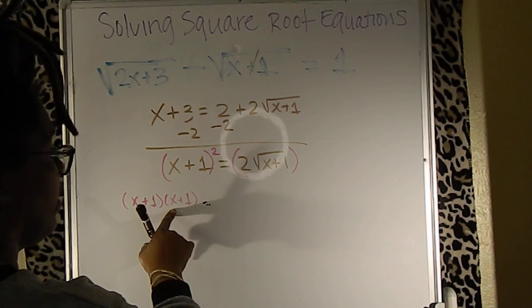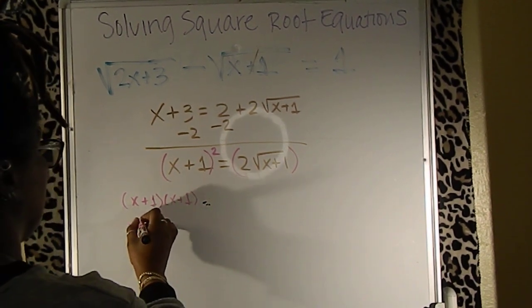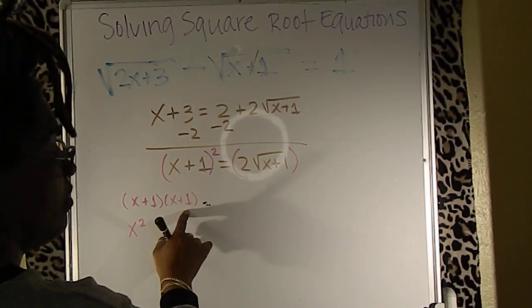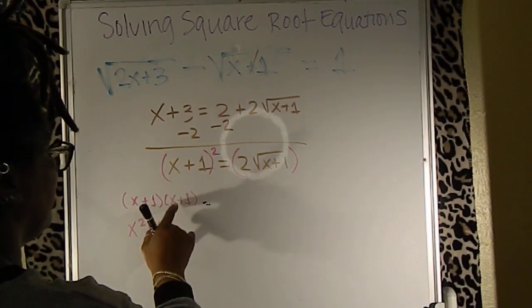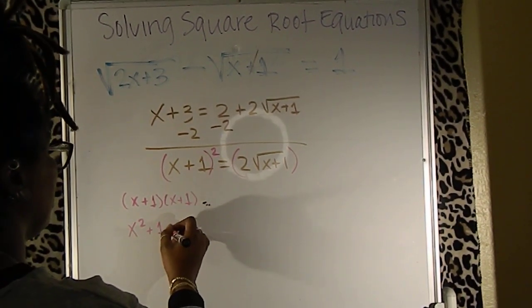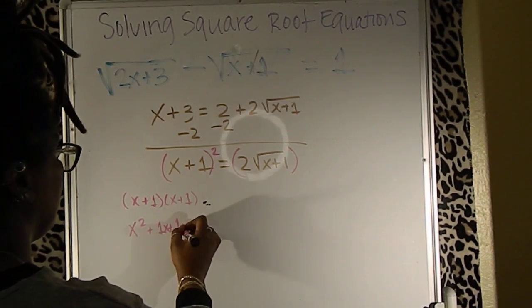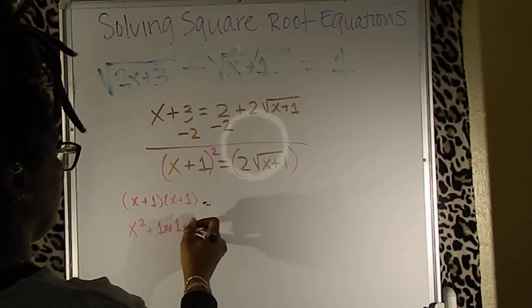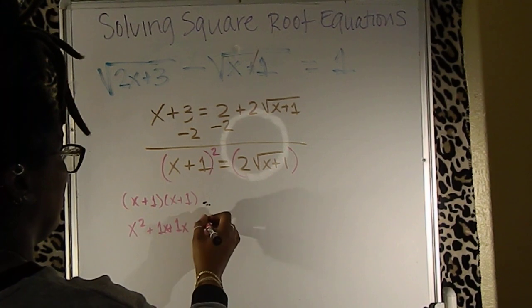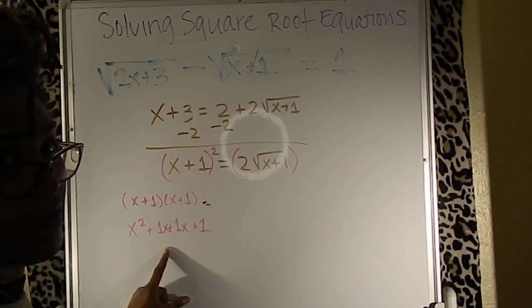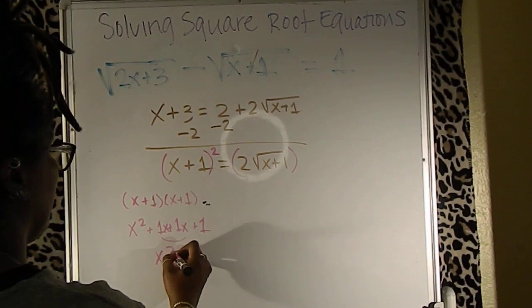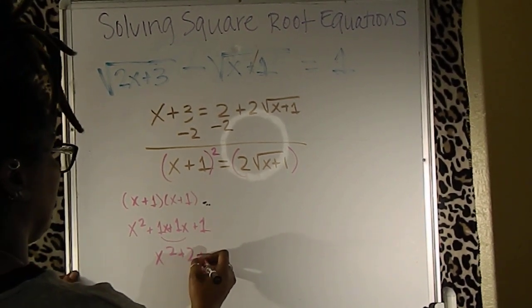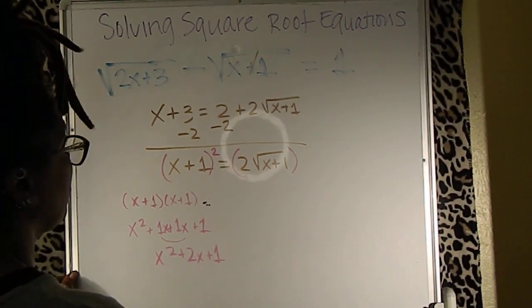What's x times x? What's x times 1? Remember your FOIL. 1 times x. And 1 times 1. And then you have your like terms. All right, so x squared plus 2x plus 1.